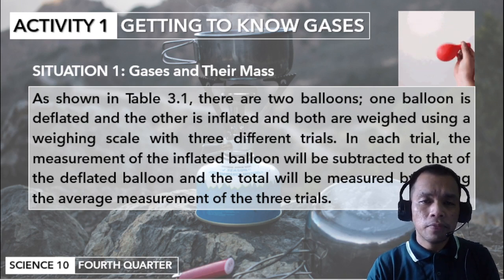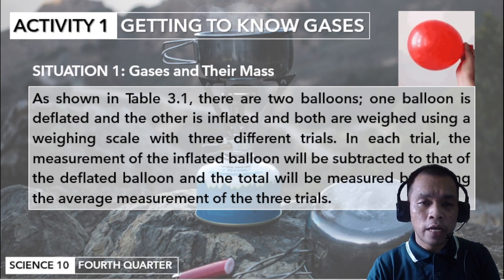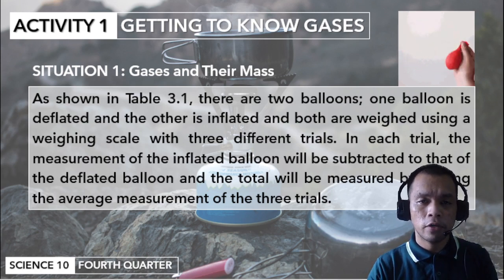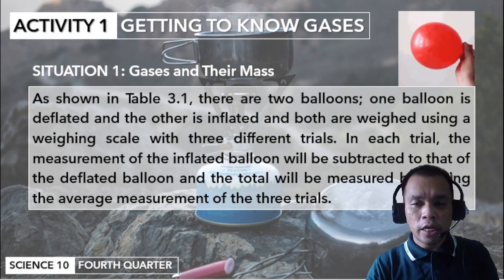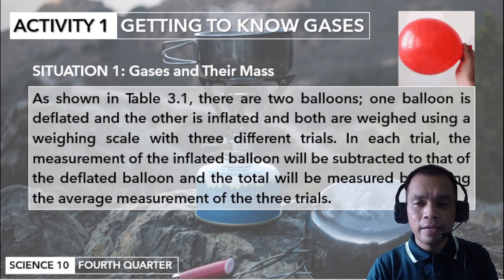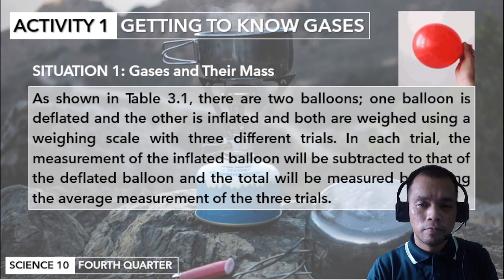In each trial, the measurement of the deflated balloon will be subtracted from that of the inflated balloon, and the total will be measured by getting the average of the three trials. Now, let us check the table. For you to analyze the data, I will be giving you 2 minutes to analyze the table carefully. Your 2 minutes will start now.